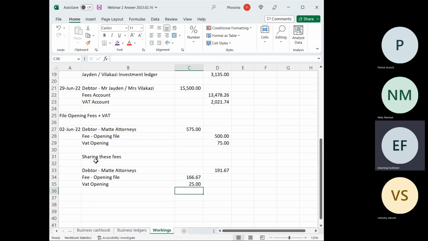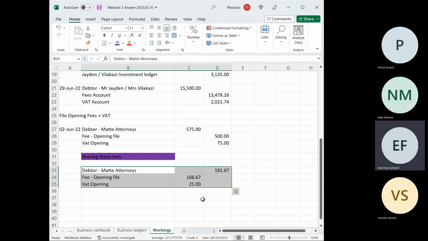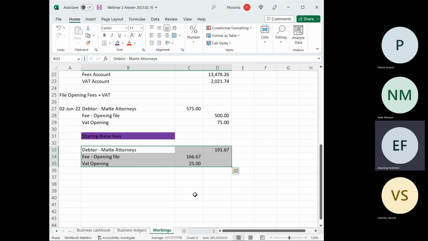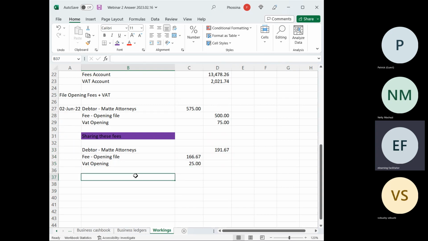So this is what we are sharing. This is the sharing of the fees. So that's how you calculate your sharing of the fees. You first of all post this, and then after posting, you do the opposite, reversing, so that our firm will remain with 2/3. 2/3 is what should come to our firm.